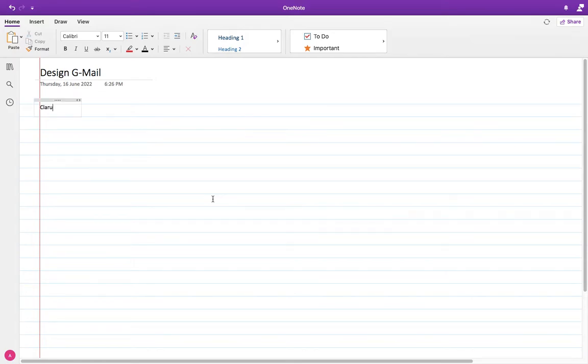So this section is clarifying questions for the interviewer. We want to reduce the scope of the problem, right? So the very first thing that comes to my mind is, there are a lot of functionalities at a high level that are integrated with your Gmail account.